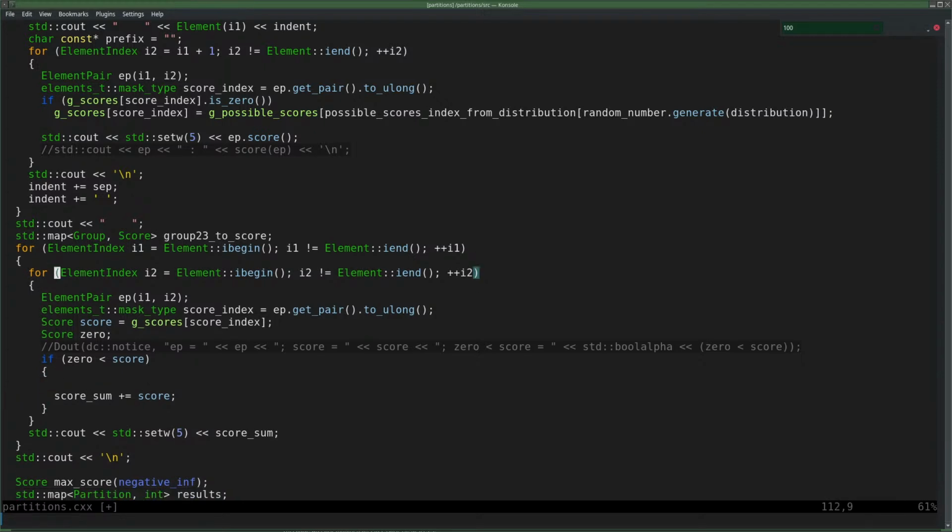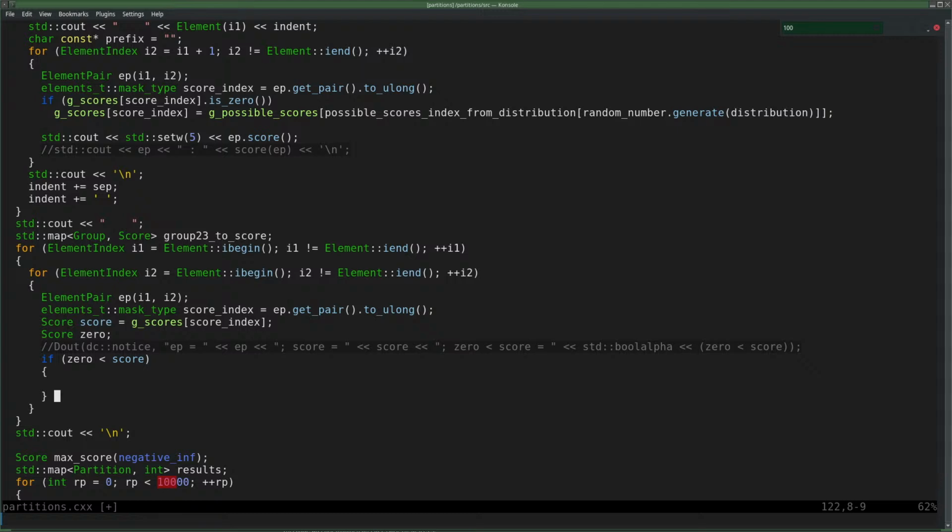I'm not doing that. So not printing it, not adding it. But we have a score here, which belongs to a certain group. And the group exists of these two elements.